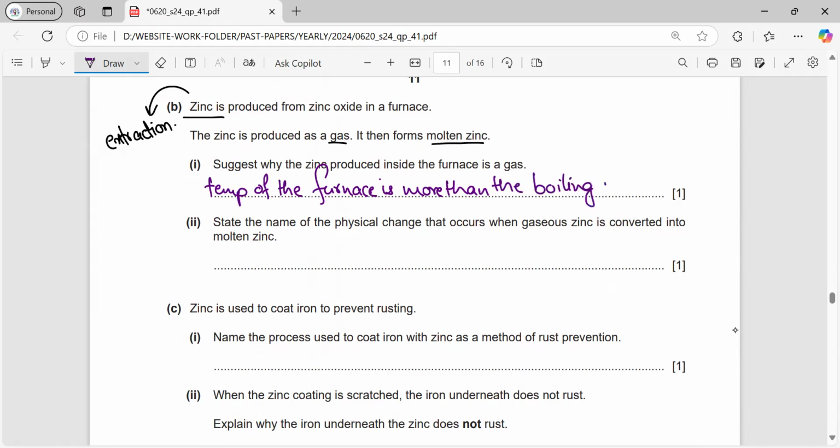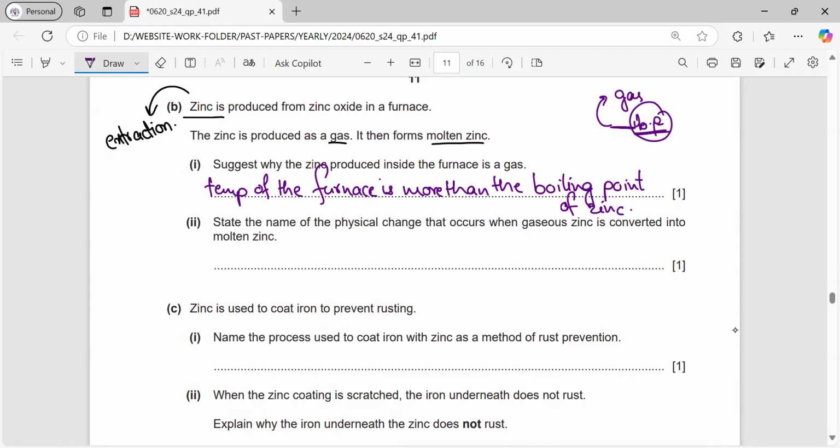Because here, the zinc is converted into gas after boiling. So once the boiling point of zinc has been reached, after that, it's a gas. So the temperature of the furnace is more than the boiling point of zinc. That is why it is a gas.